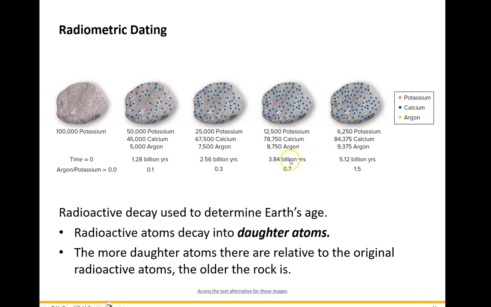So if you count the amount of potassium-40 that remains and the amount of argon that you find, you can literally figure out how many billions of years ago a particular rock formed. We can do this not just with potassium-40 but with uranium. Uranium-238 has a half-life of 4.5 billion years. And we always find, you know, half and half.